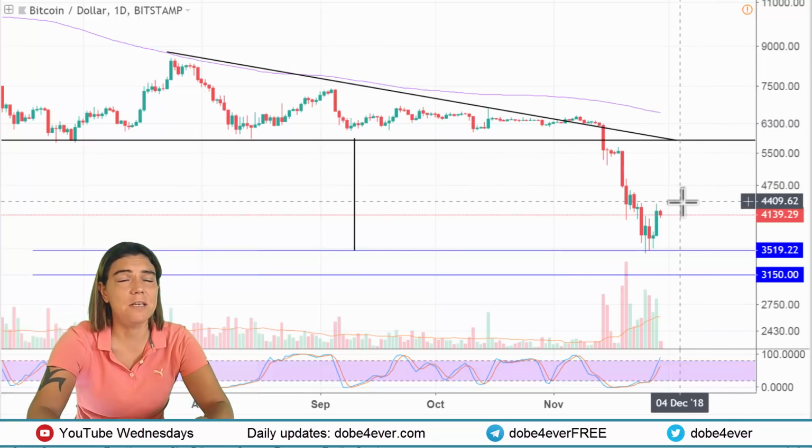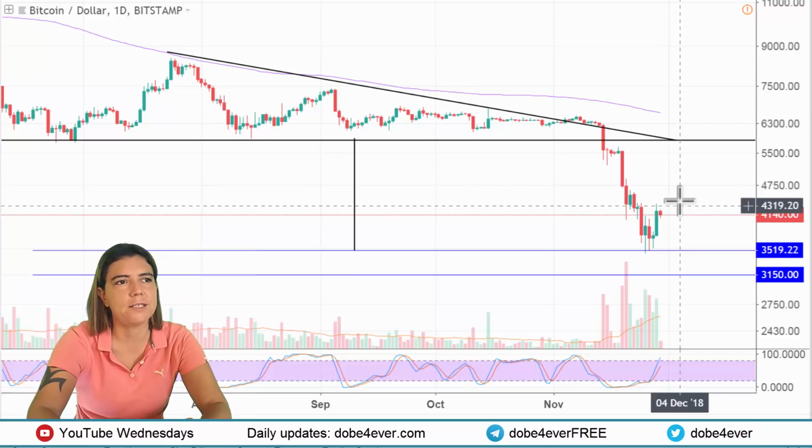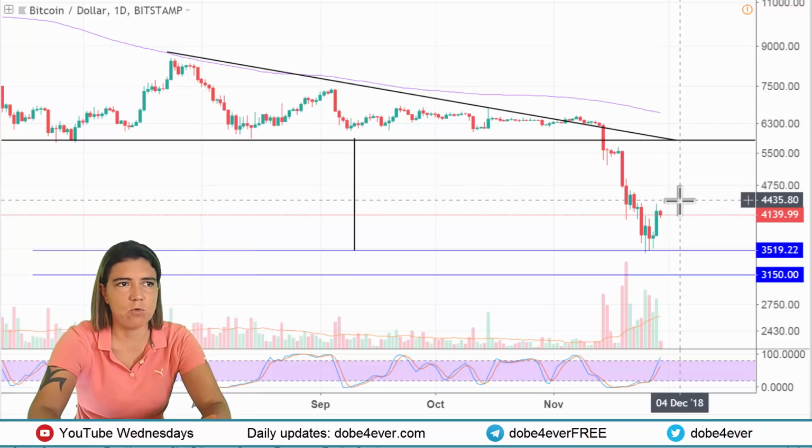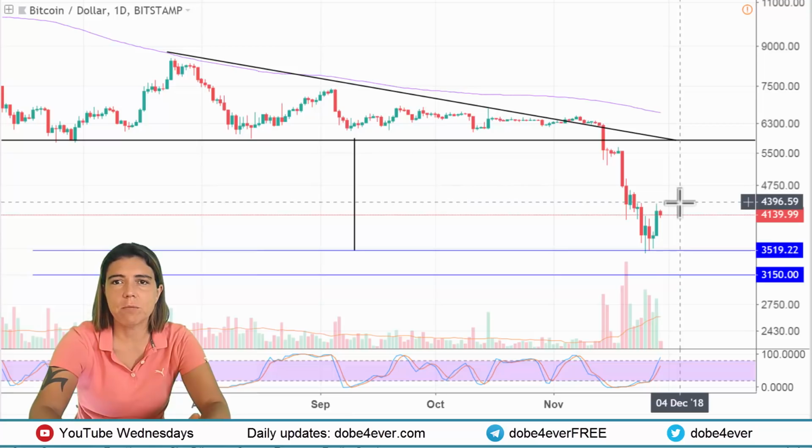If the price even makes it that high, which I doubt, but if it does touch the 200-day moving average, that would be a perfect short opportunity, because not many times do you have the opportunity to open positions when the price touches the 200-day moving average. This applies for bull markets and for bear markets. It's not very often that the price dips as deep as touching the 200-day moving average in bull markets.